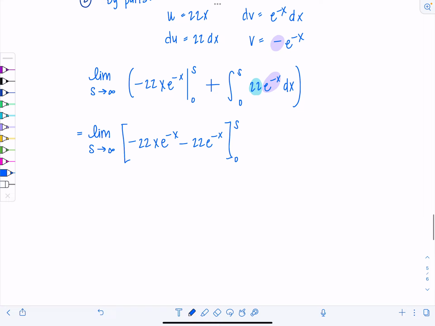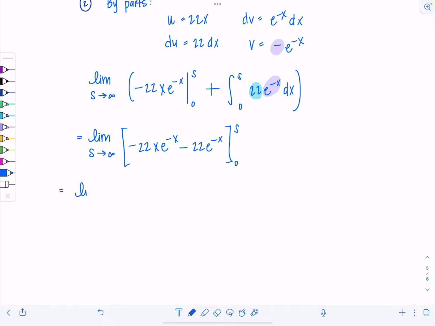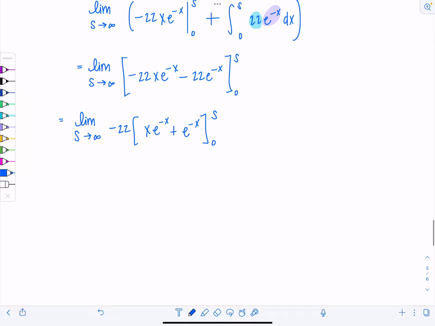Very good. So here we have the limit as s approaches infinity. I'm very tempted to just take the negative 22 out really quickly. Then we have x e to the negative x plus e to the negative x from 0 to s. It'll make things a smidge easier in just a second.